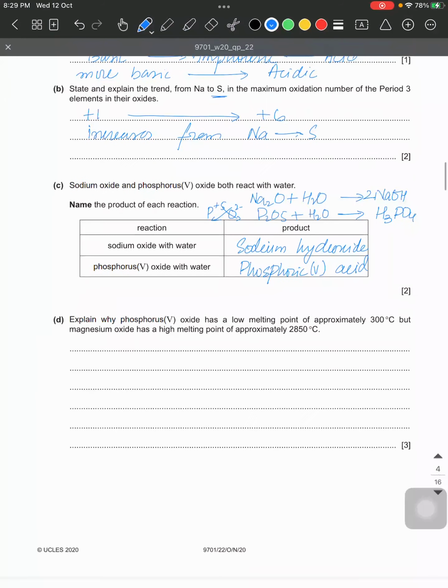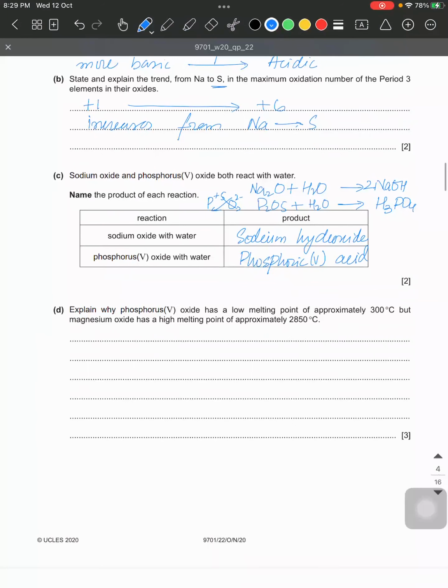If you talk about part D, what are they asking for? Explain why phosphorus oxide has a low melting point of approximately 300, but magnesium oxide has a high melting point of approximately 2850. We know that magnesium oxide is a giant ionic compound and phosphorus oxide is a covalent compound.